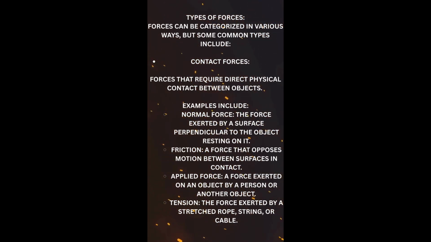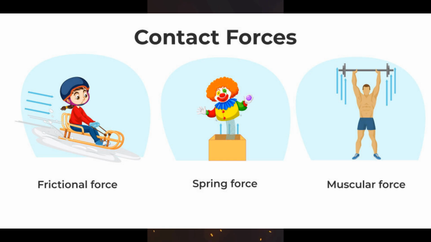The forces that require direct physical contact between objects are known as contact forces. Examples: normal force, friction, applied force, and tension. Normal force: the force exerted by a surface perpendicular to the object resting on it.